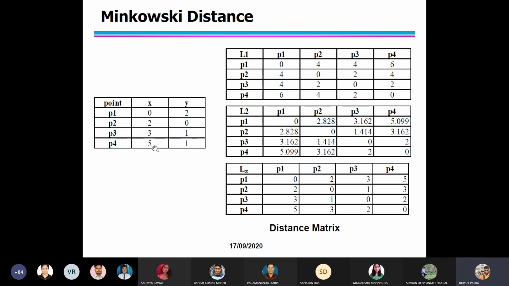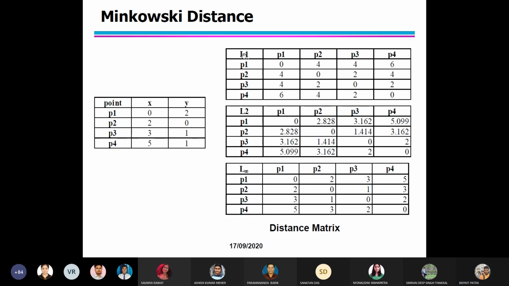The formula says you take the absolute difference of each attribute. For x, 0 and 5, the absolute difference will be 5. Then for the other attribute, 2 and 1, it is 1. Now you take the summation of these two values, so it will be 6. So the L1 distance should be 6.